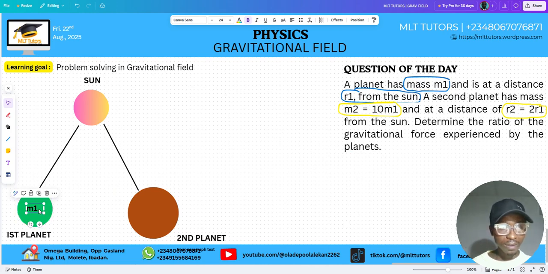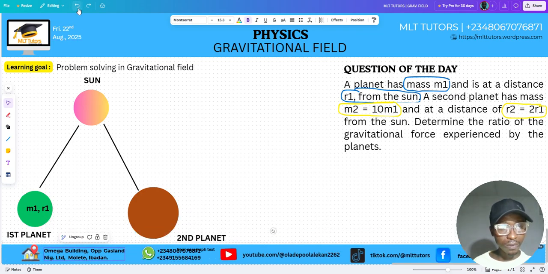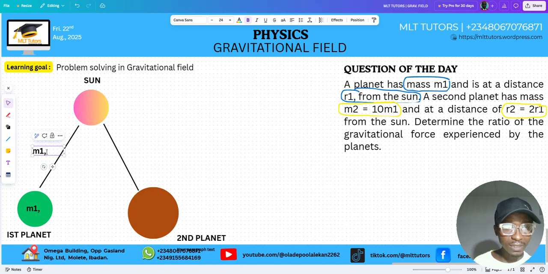Let's put down its radius as well. Oh, the radius is not even supposed to be here. We are supposed to have the radius here. That's the distance between the Sun and the planet, R1.